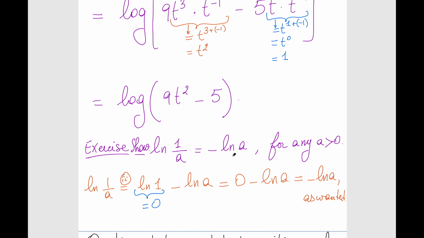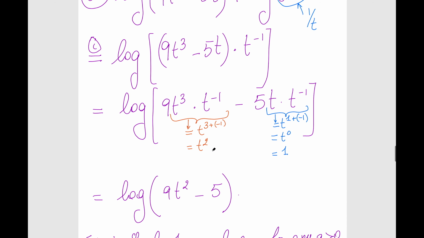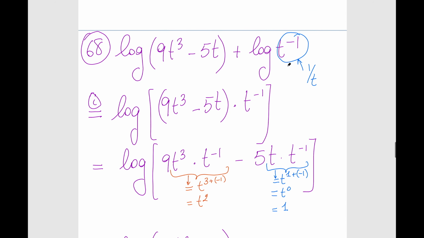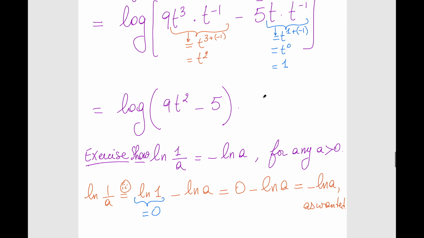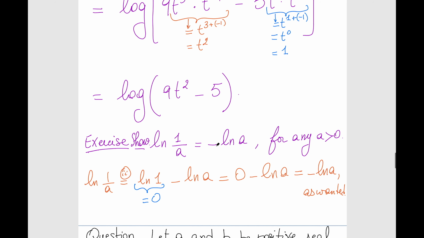Okay. This came to mind just because of this, correct?